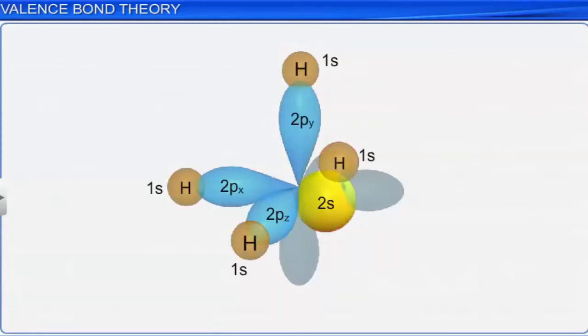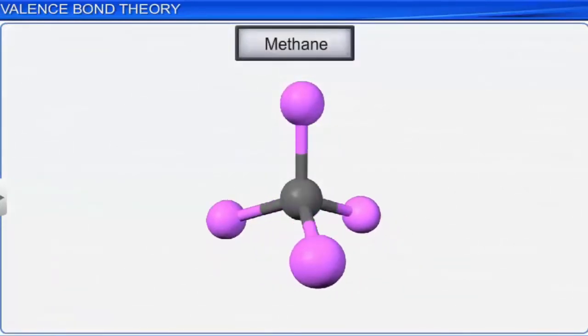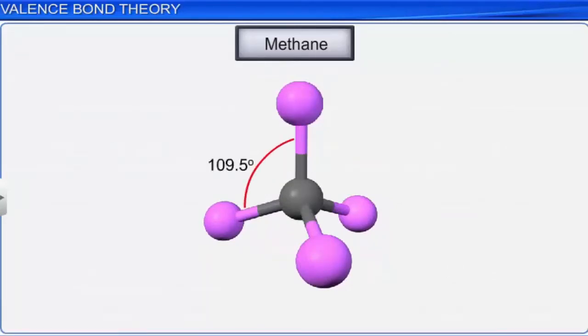Thus, the direction of the fourth bond cannot be ascertained. This means that all the four CH bonds in methane are not identical. But experimentally it is observed that all the four bonds are exactly identical in all aspects and are oriented at a bond angle of 109.5 degrees.